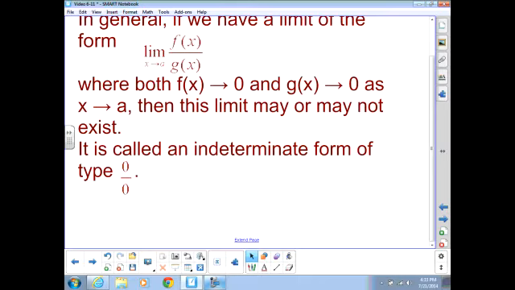But if g of x, the bottom, is getting smaller more quickly, and the top is not getting small as quickly, when you get really, really small numbers on the bottom, that really makes your value blow up. So that would eventually go towards infinity. And hypothetically, they could potentially be going at the same speed. Well, if they're going at the same speed, then that would go towards 1. So we have several different occurrences that we could have here.